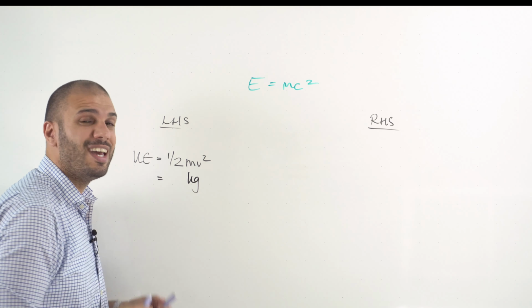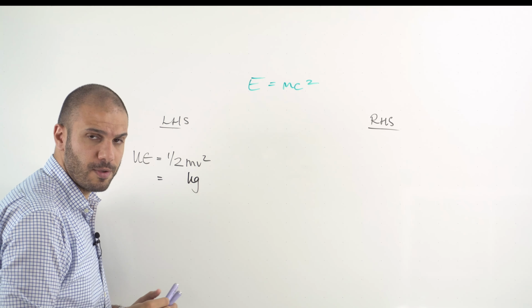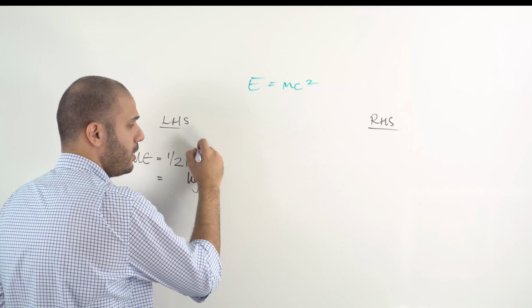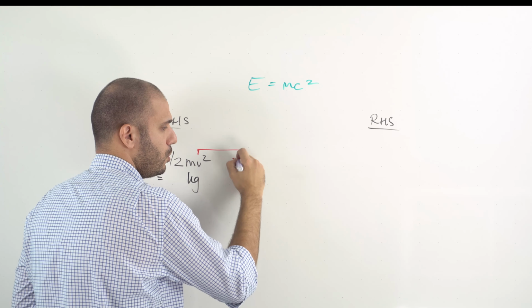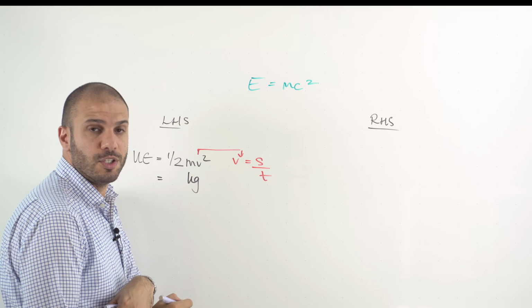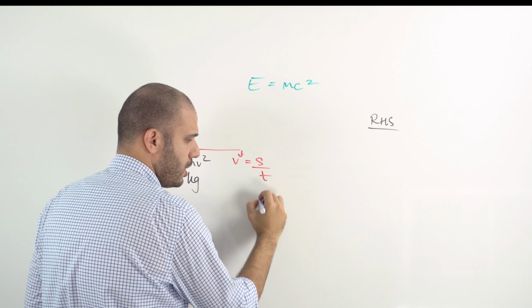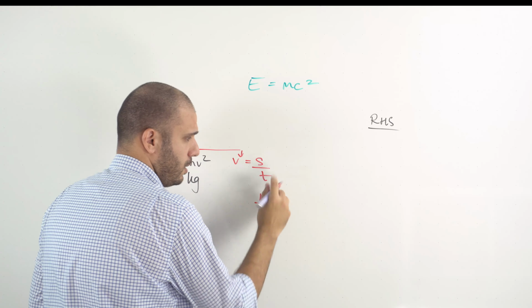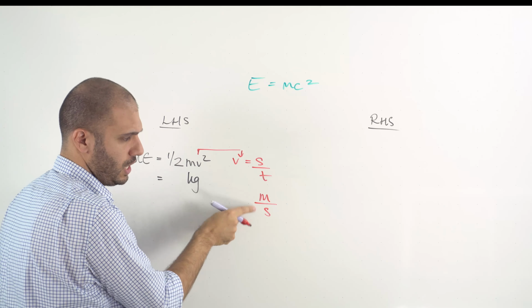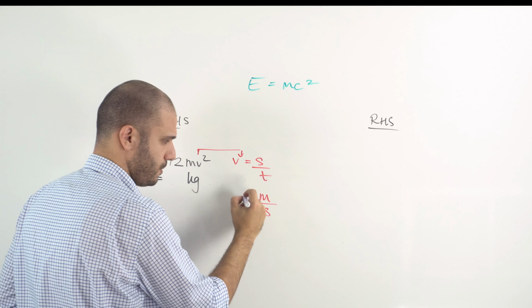However, velocity is not a base quantity, and that we can actually break down further into velocity is equal to distance on time. Now, displacement and time are both base, therefore we can actually write down its base units.